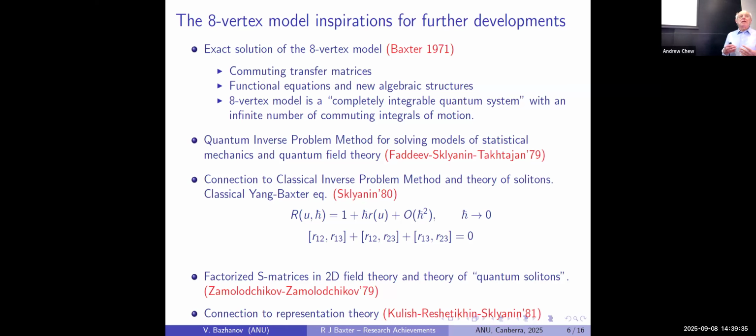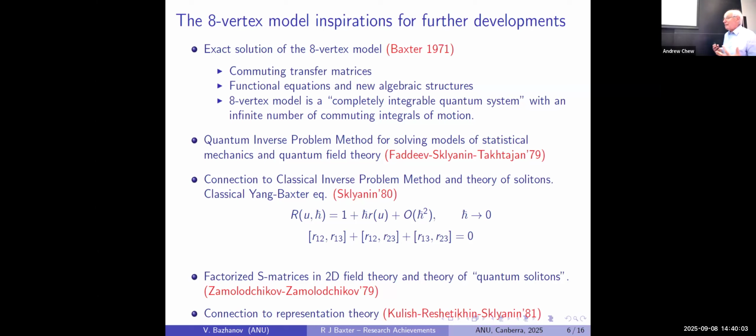A completely new technique was introduced, functional equations for the transfer matrices. And if you look at Baxter's solution from the modern point of view, he has demonstrated that the eight-vertex model is a completely integrable quantum system possessing an infinite number of integrals.